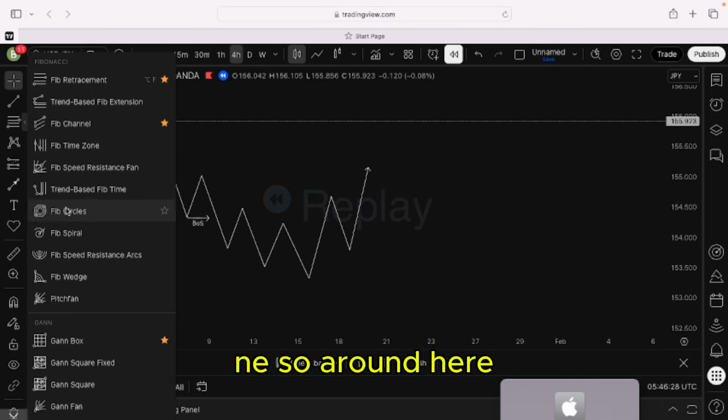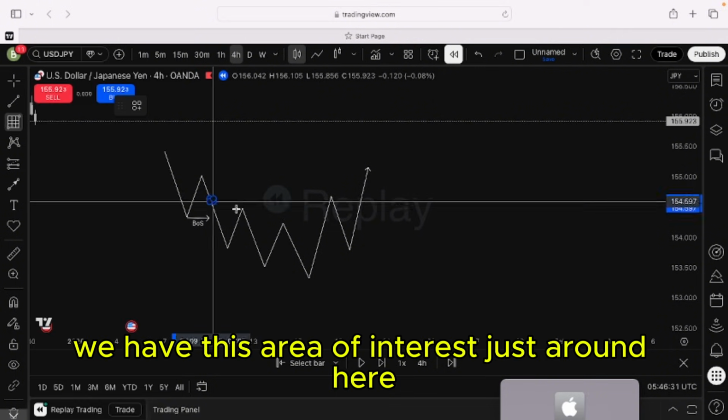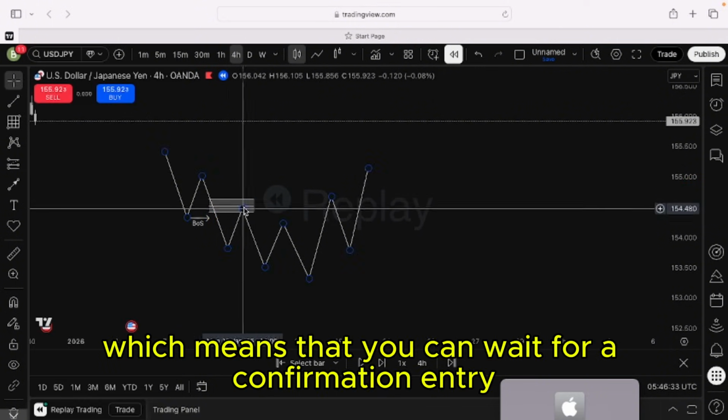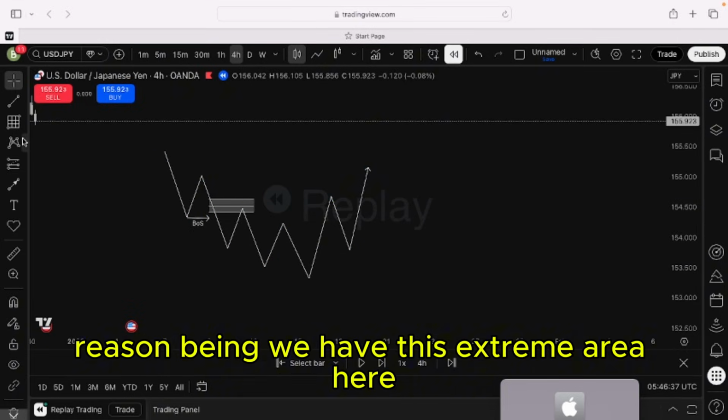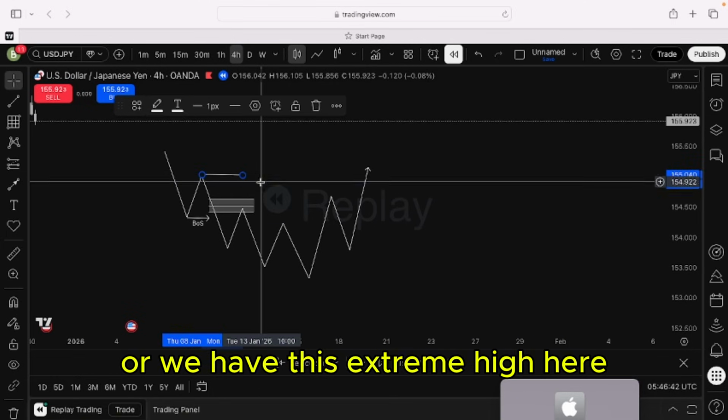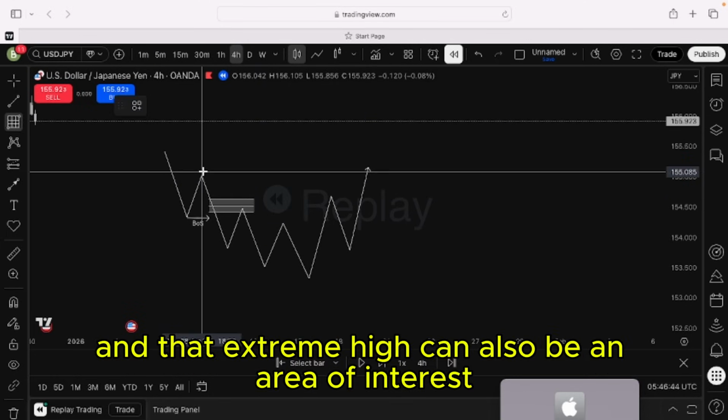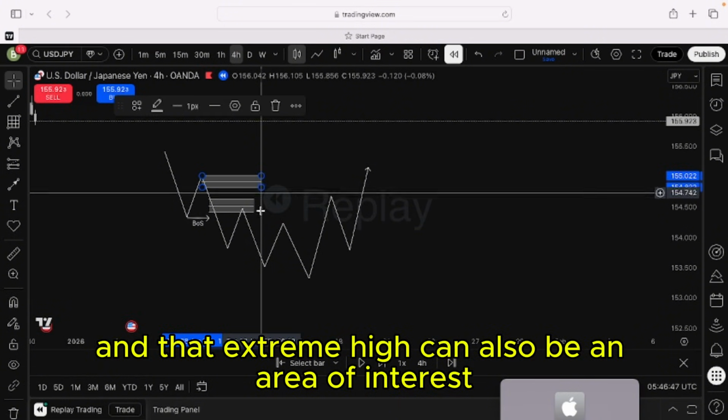So around here we have this area of interest, which means that you can wait for a confirmation entry just around this point. Reason being, we have this extreme high here, and that extreme high can also be an area of interest just like that.